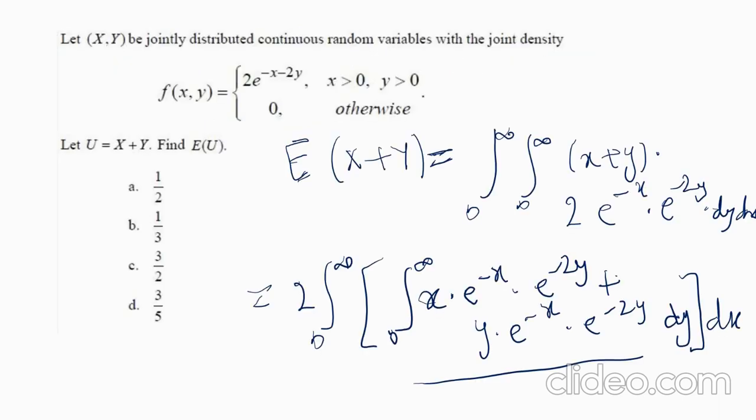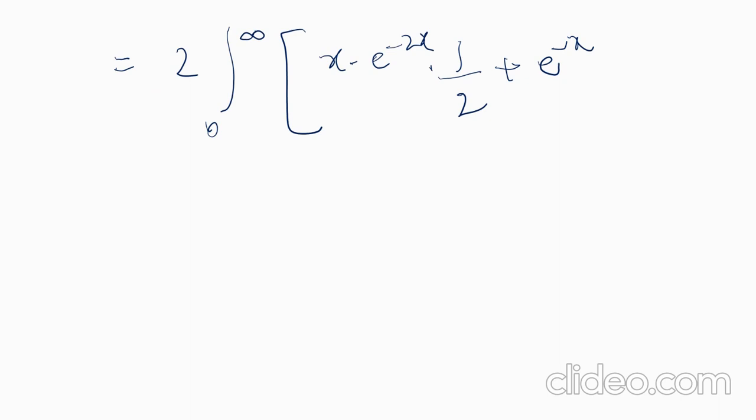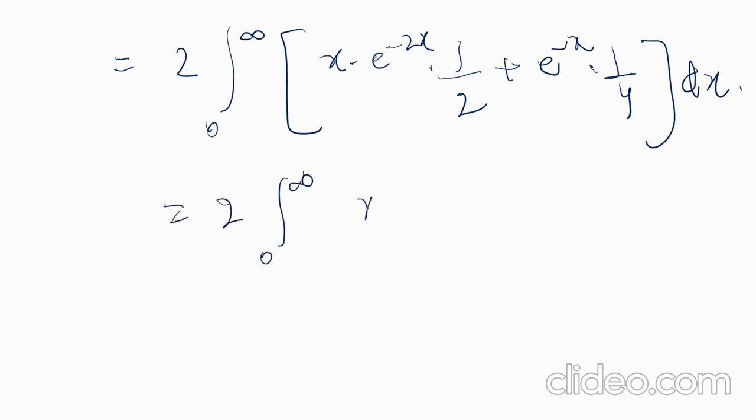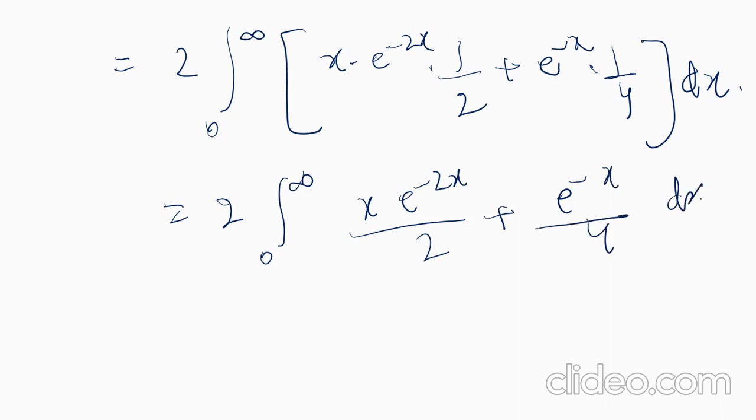What we can do is take 2y as t and then solve it. So ultimately we will have 1 by 4 dx. So it will be 2, 0 to infinity, x e to the power minus 2x by 2 plus e to the power minus x upon 4 dx.